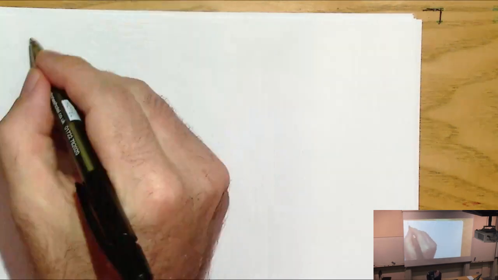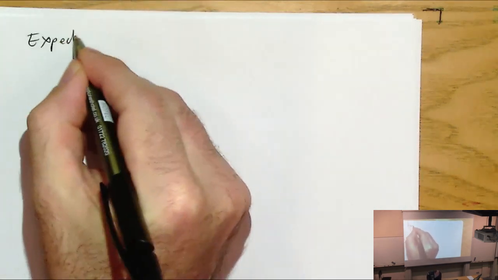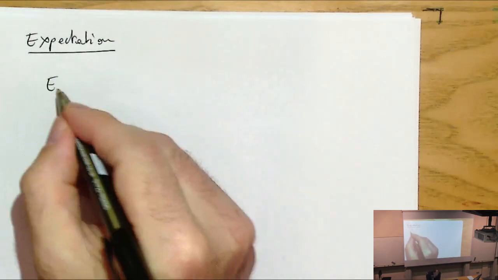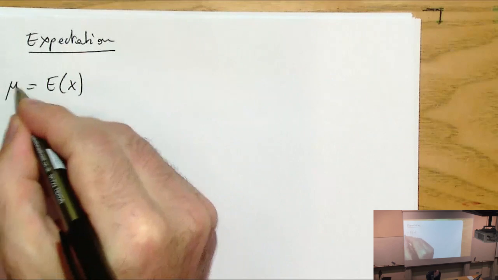Okay, so we looked at the PDF, we looked at the CDF, we looked at expectation and variance for discrete random variables. So what is happening now for a continuous random variable? Well, I can still define an expectation, or theoretical mean. I still have the expectation of X, which is my mu.